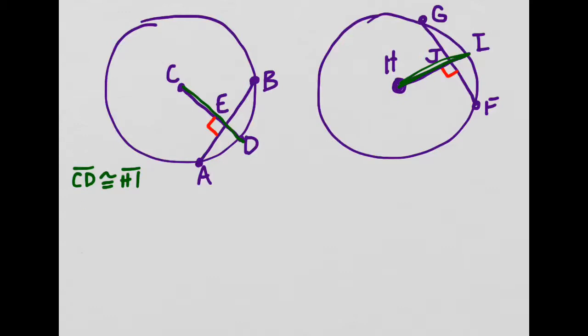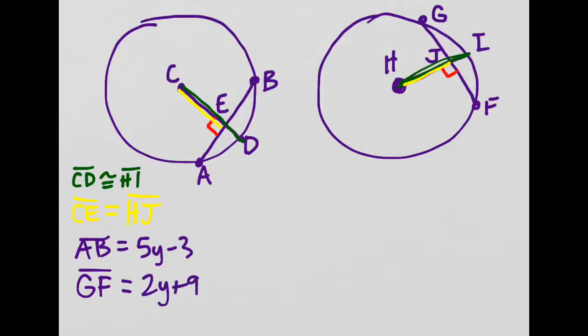And we know that AB is equal to 5y minus 3, and GF is equal to 2y plus 9.